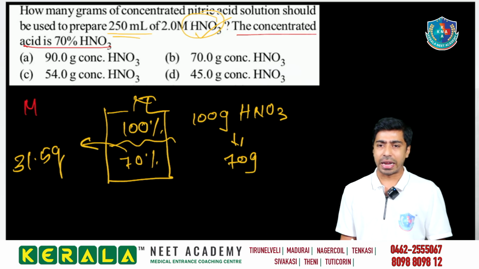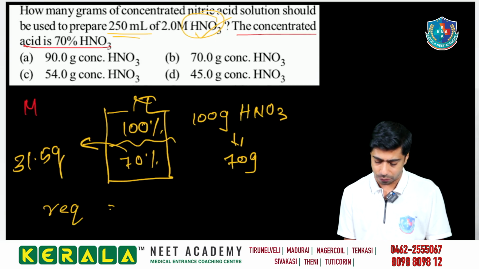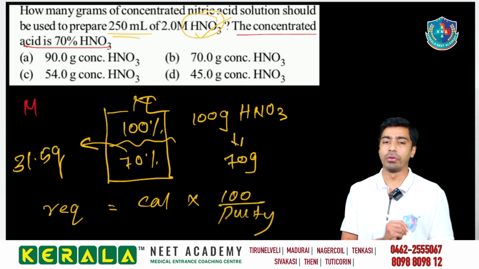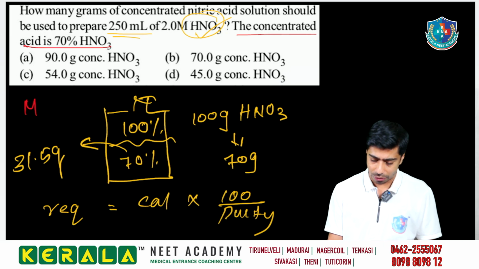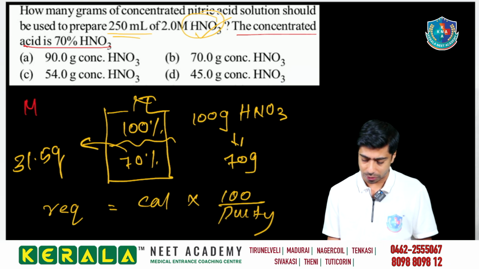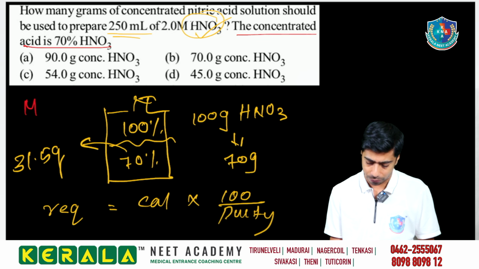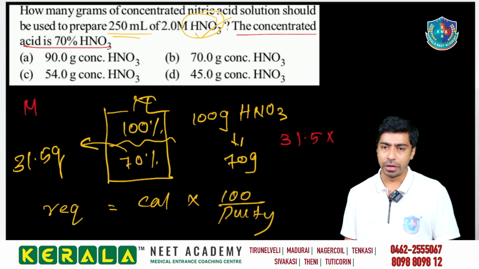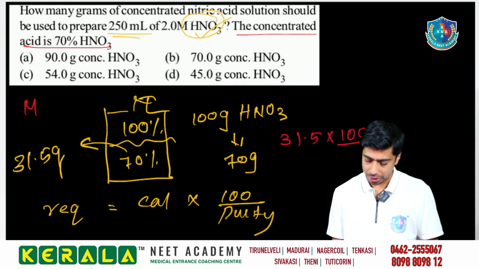So in order to get the required weight, the required weight will be the calculated value into 100 divided by purity. That will give you the answer. The calculated value is 31.5, so 31.5 into 100 divided by purity, which is 70%.